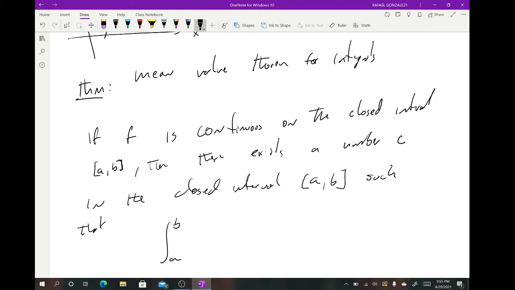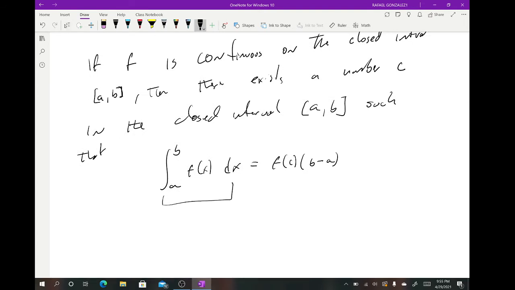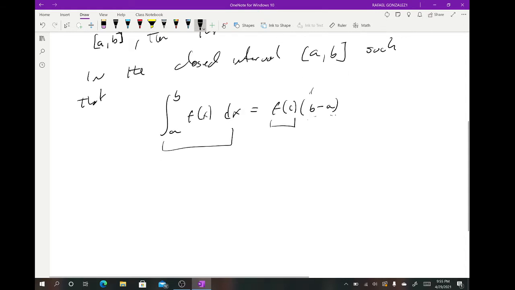The definite integral from a to b of f of x dx is equal to f of c times b minus a. So this integral, this antiderivative, is equal to the function evaluated at the number c times the difference in the length of b minus a. So one endpoint minus the other.